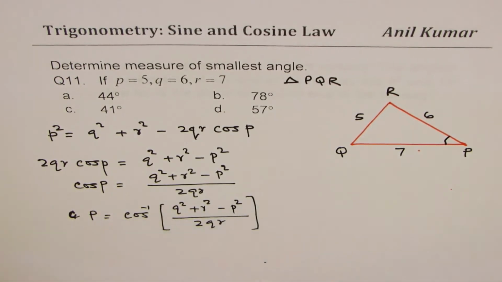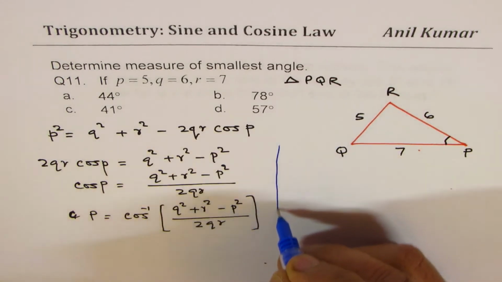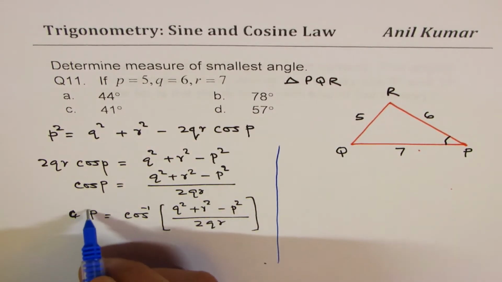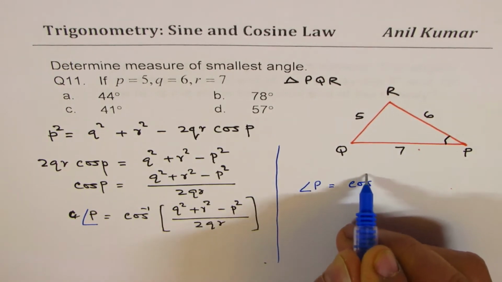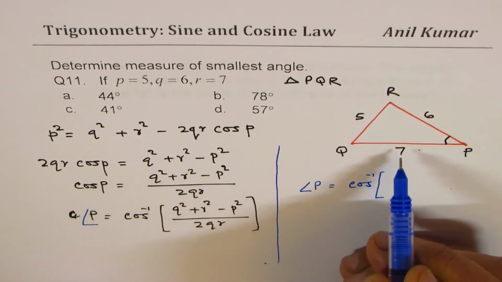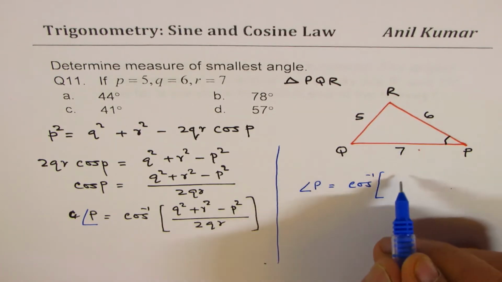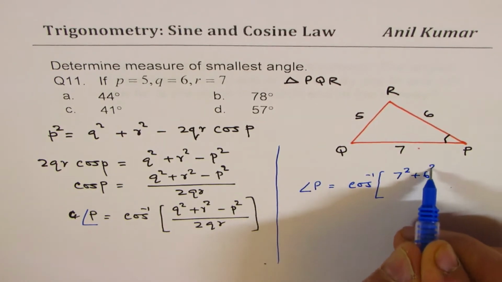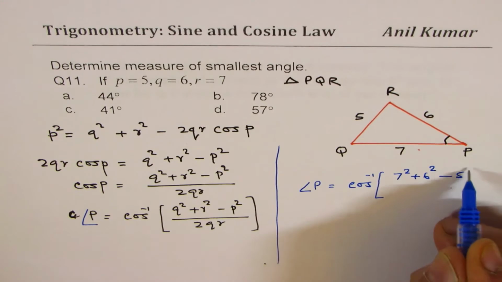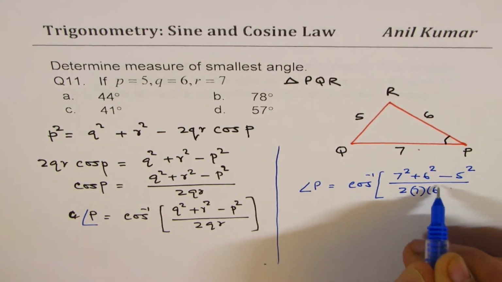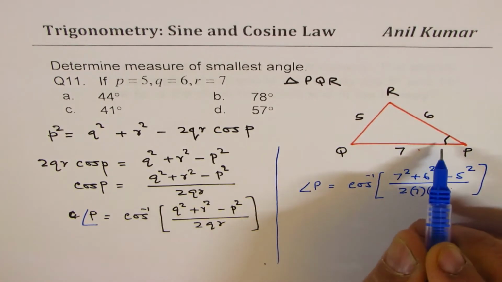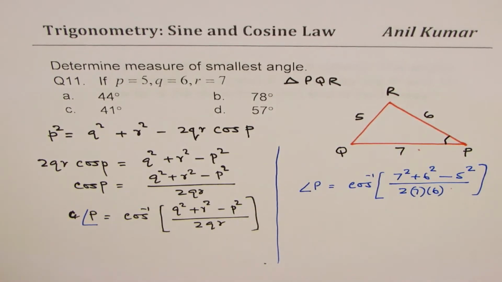Now this is a standard formula which most of you know, but I just derived it for those who don't remember. So we get the angle P as equal to cos inverse of the sum of the two squares which are adjacent, right? 7 square plus 6 square minus 5 square divided by twice 7 and 6. So this is easy to remember, right? That is how you could do it.